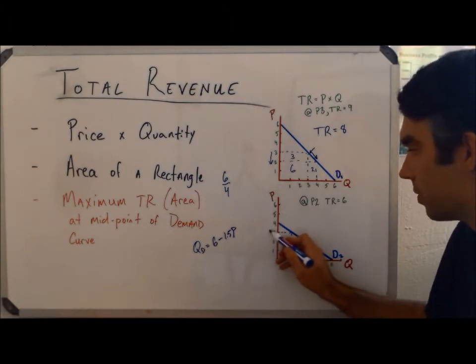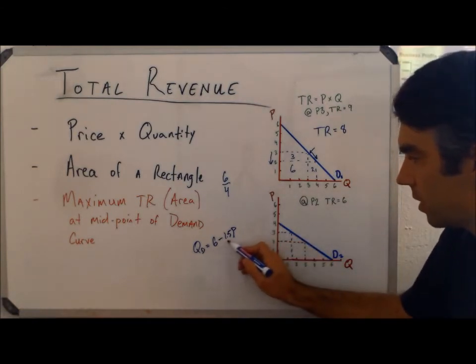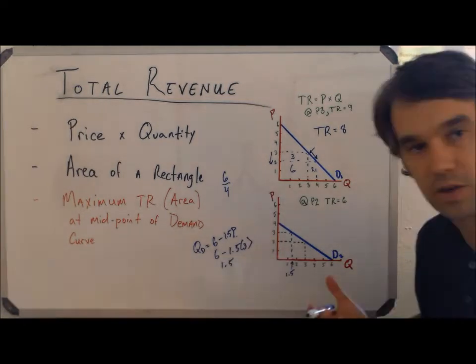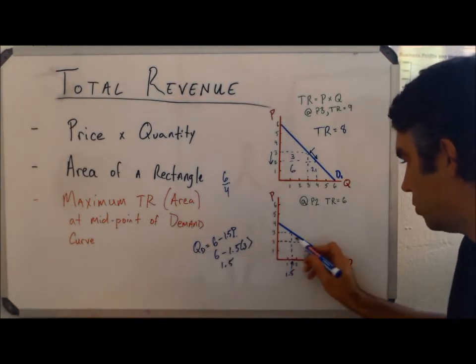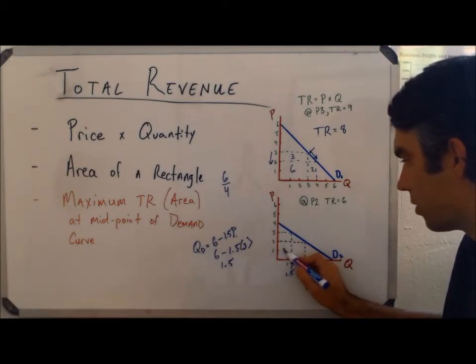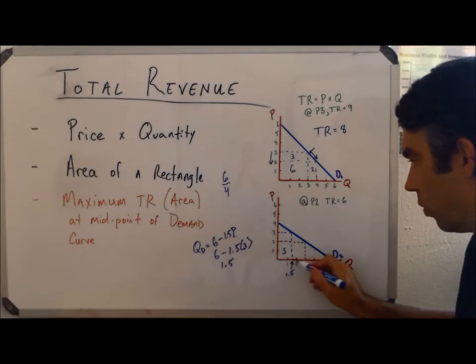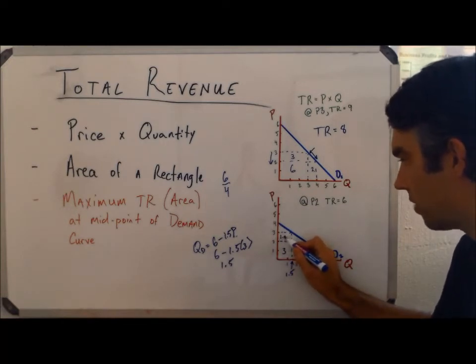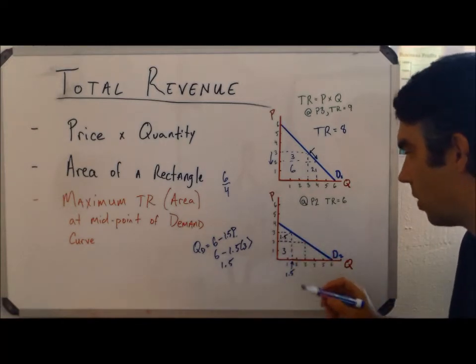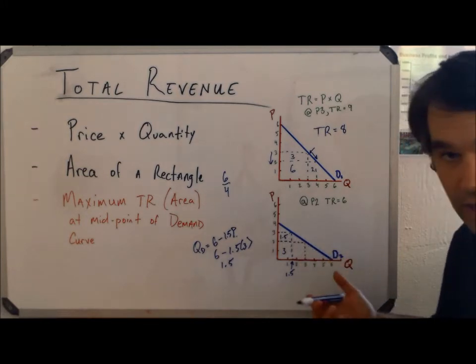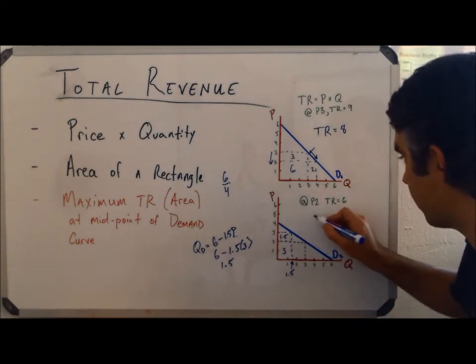Now let's see what happens if the price is 3. So 6 minus 1.5 times 3 is going to be 1.5. So now we've got 2 times 1.5, so that's worth 3. And now we've got 1 times 1.5, so that's worth 1.5. So our total revenue there is going to be 3 plus 1.5, and that's going to be 4.5.